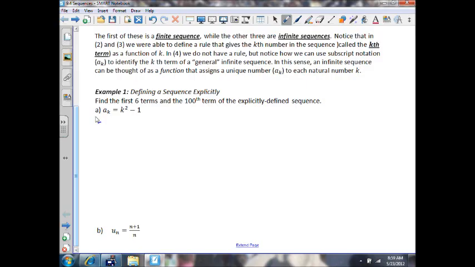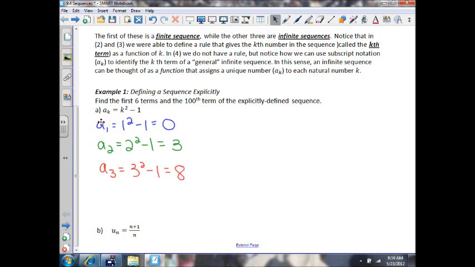So a sub 1 for our first term will be 1 squared minus 1, which is 0. A sub 2 will be 2 squared minus 1, which is 3. A sub 3 will be 3 squared minus 1, which is 8. A sub 4 will be 4 squared minus 1, which is 15.